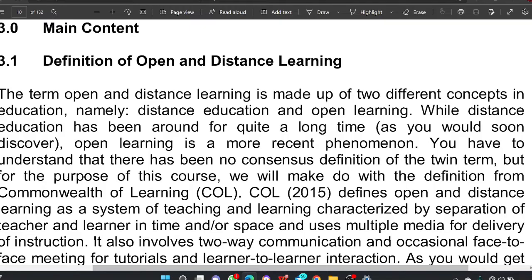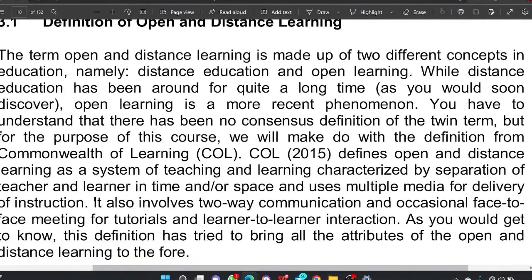But for the purpose of this course, we will make do with the definition from the Commonwealth of Learning (COL). Commonwealth of Learning (COL) 2015 defines open and distant learning as a system of teaching and learning characterized by separation of teacher and learner in time and/or space, and uses multiple media for delivery of instruction.